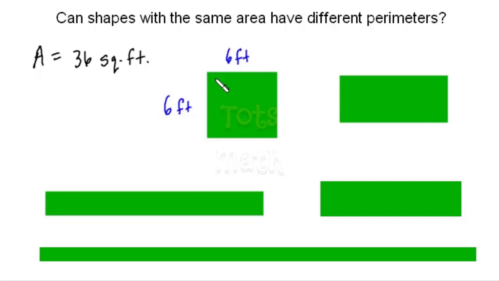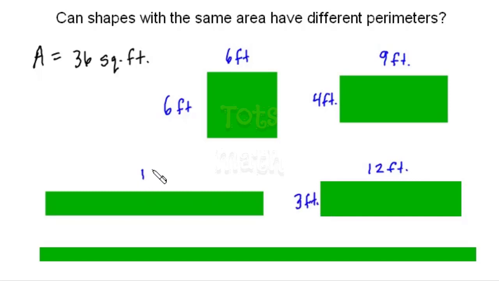The length and the width would each be 6 feet, so the area would be 6 times 6, or 36 square feet. They could also make a rectangular garden that's 9 feet long and 4 feet wide. Another possibility would be a garden that measures 12 feet long and only 3 feet wide.